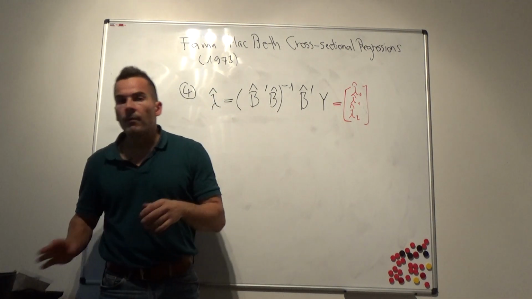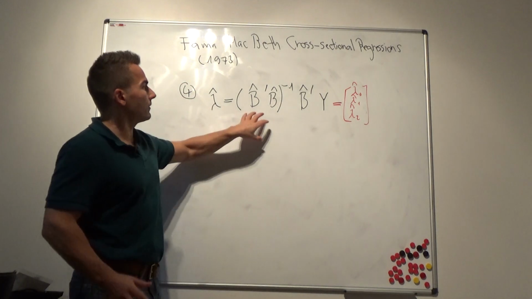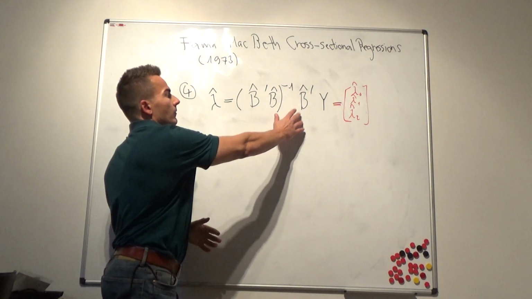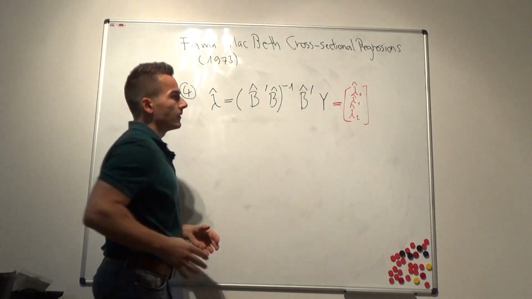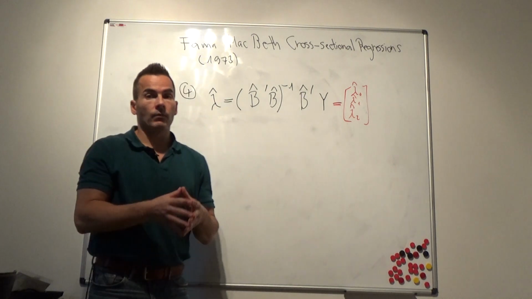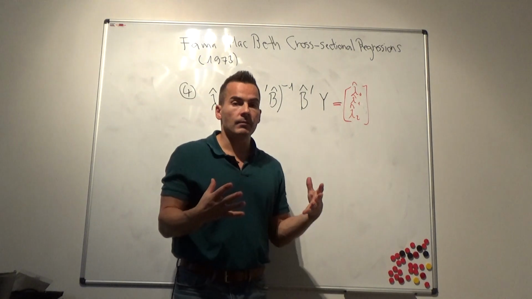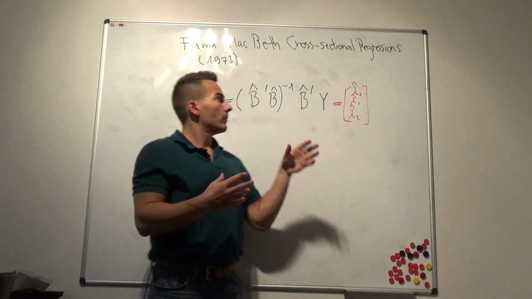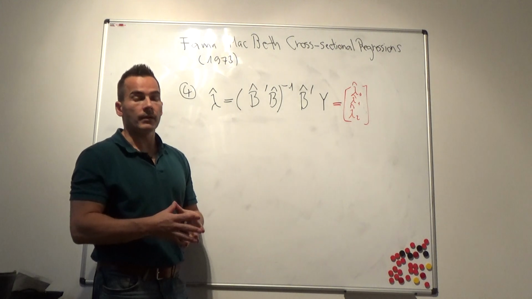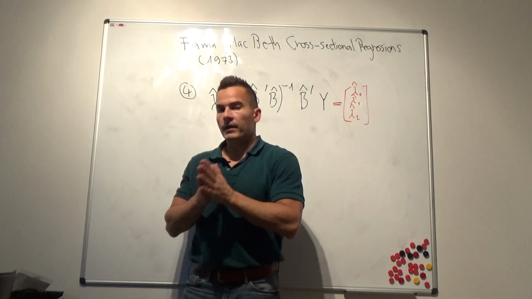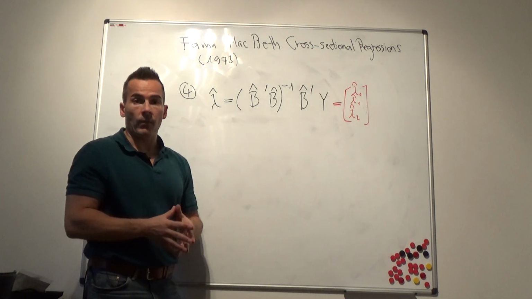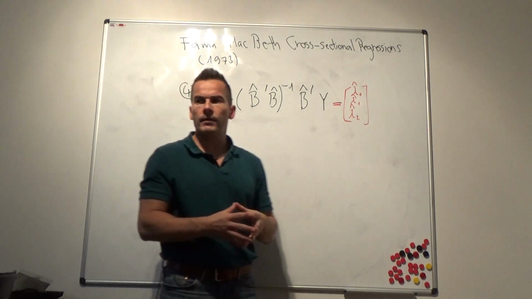Because obviously the problem is that we operate here with estimates. Our regressor matrix, our capital beta hat, contains estimates from a previous regression. Any estimate is a random variable. So all of these are random variables, and this increases the degree of uncertainty in this methodology.